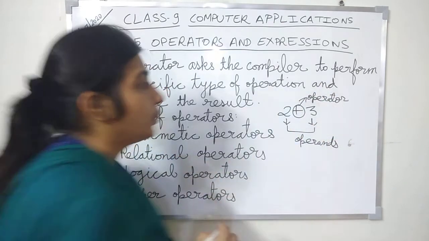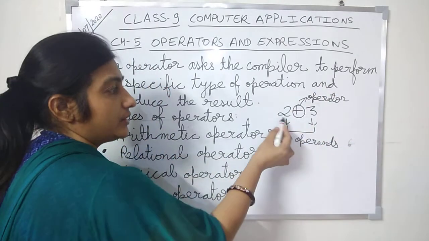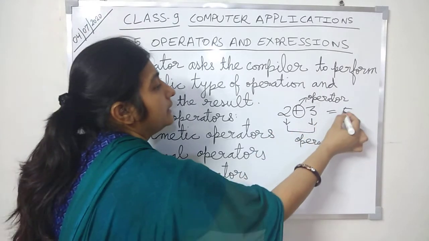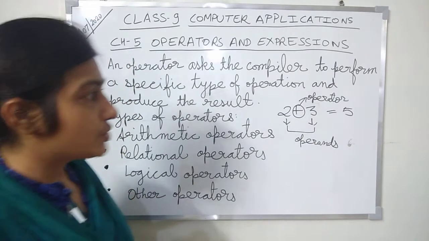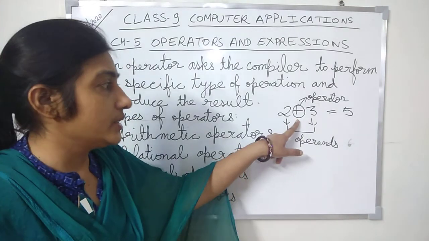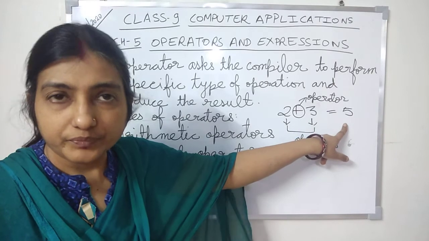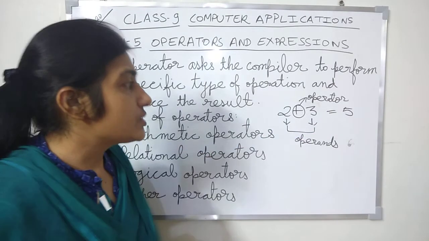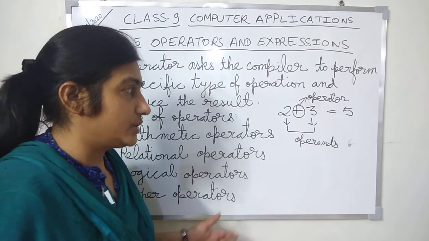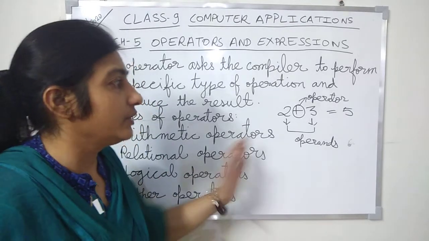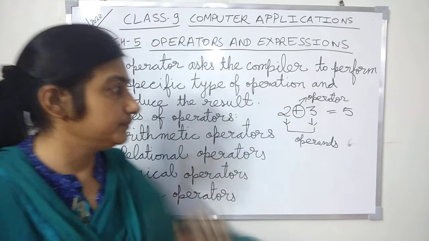When we use this operator on these two operands, it will produce a result, which will be 5. So we use the operator on the operands to produce the result. Understood? There are various types of operators which work with the operands and produce the result.